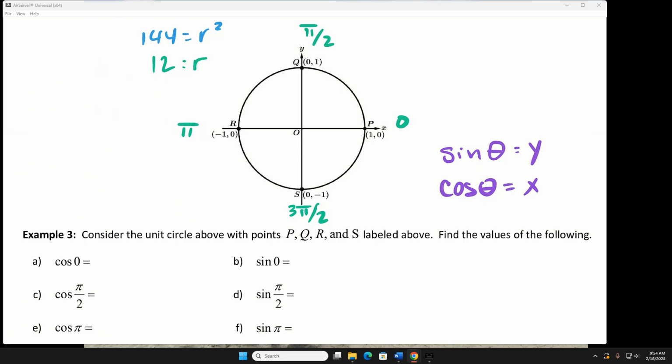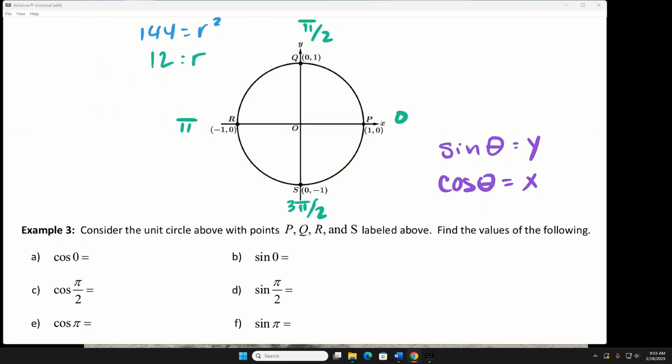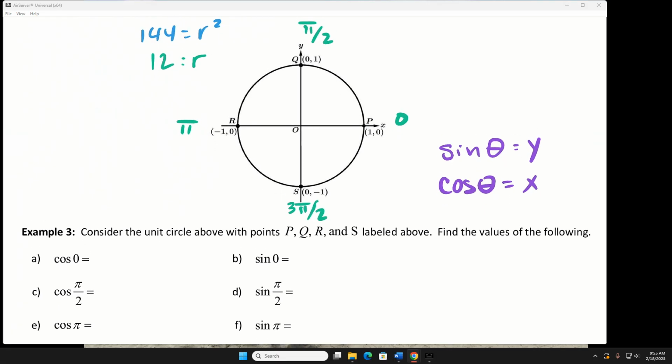So if I have these 4 angles on the unit circle, and I want to find the cosine of the angle 0, I go to 0, and which coordinate do I use for the cosine? I use the x. If I want to find the sine of 0, I go to the angle 0, and I use the y coordinate.